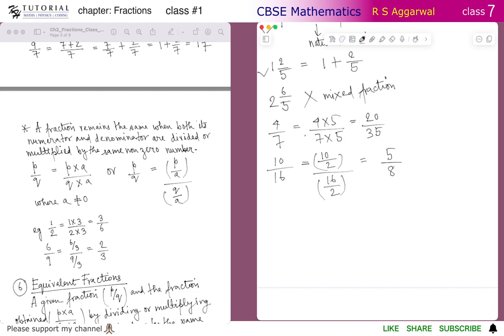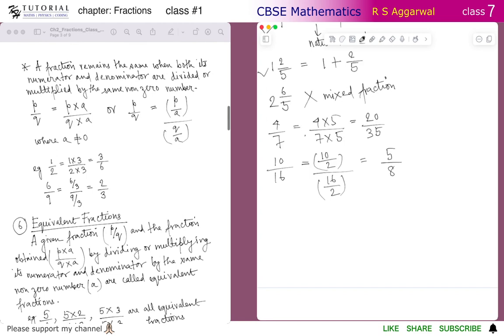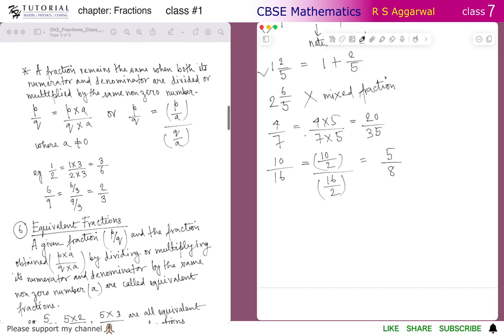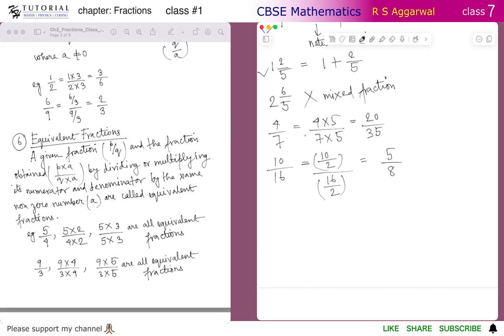Now the next type of fraction, the equivalent fractions, is basically based on what we just discussed. So what are equivalent fractions? When we have a given fraction p by q, and when you multiply or divide both the numerator and the denominator of this given fraction p by q, you get an equivalent fraction.